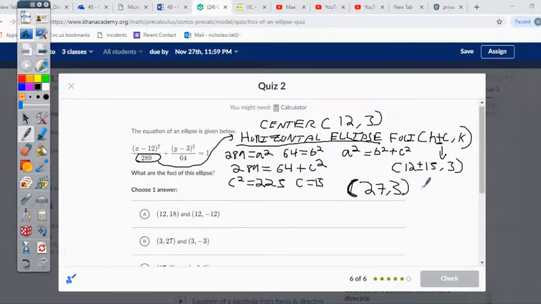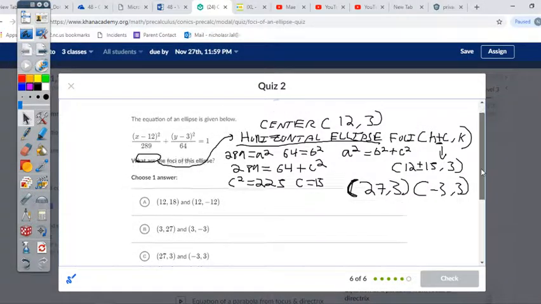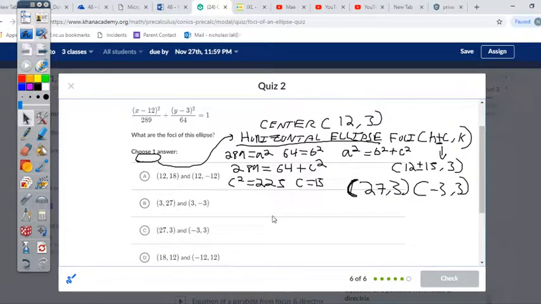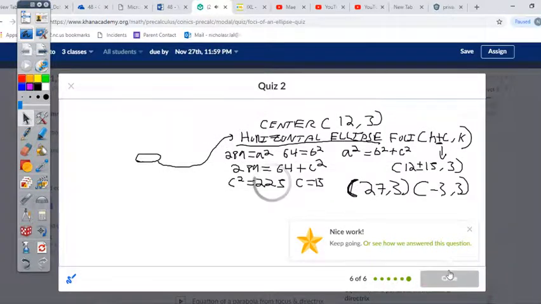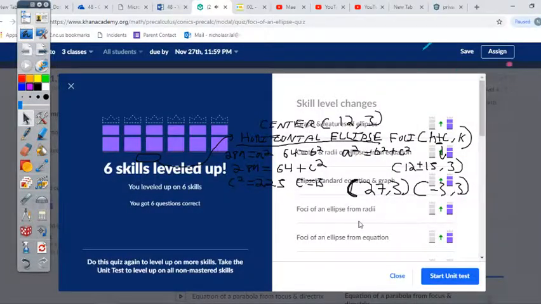And 12 minus 15 is going to be negative 3, and the y value stays 3. So we need to find the answer with (27, 3) and (-3, 3). Right here, C. So we found our foci. All right, that is quiz 2.